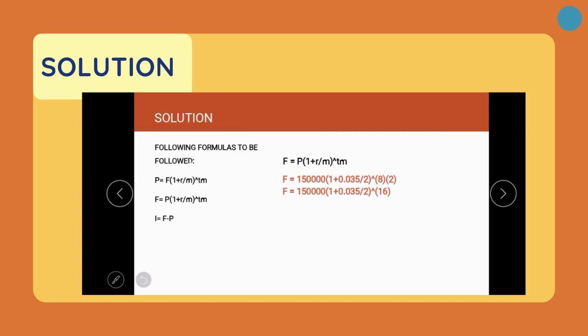Solve 150,000 quantity of 1 plus 0.035 over 2 raised to 16. We multiply 8 by 2 and it becomes 16.